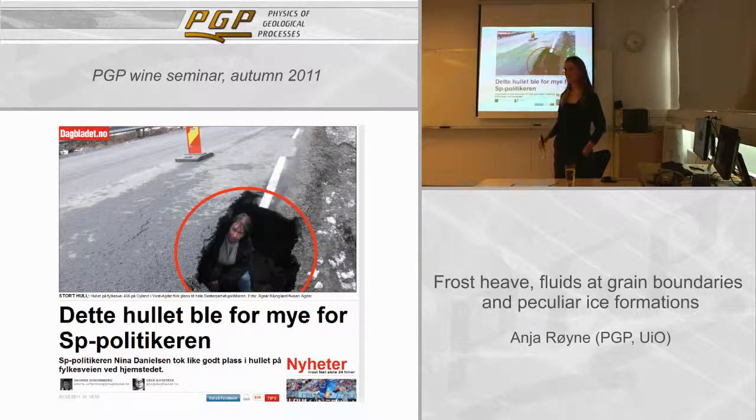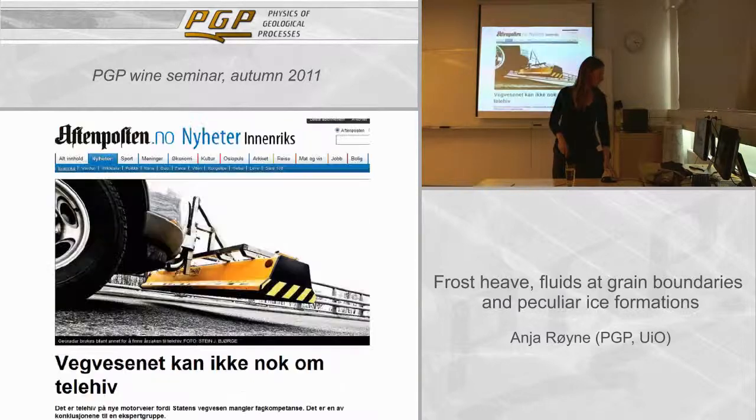If you get a large buildup of frost underneath the roads, and then the ice melts, then you'll have redistribution of masses basically, and you have space left where there was ice, and then you can get holes and cracks in the roads when cars drive on them. And then there's been a lot of discussion about how the people in charge of building roads don't know enough about frost heave.